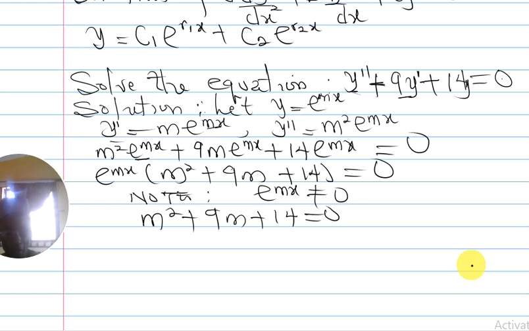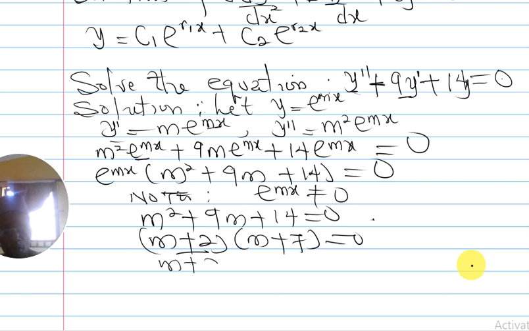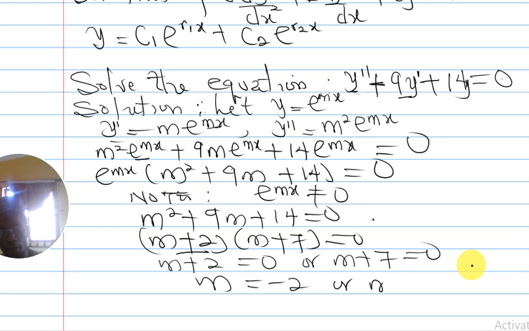If you factorize this, we are going to get m plus 2 into m plus 7. If you expand this, we still get the same thing. Now m plus 2 equals 0, or m plus 7 equals 0. That is, we can have m equals minus 2, or m equals minus 7.